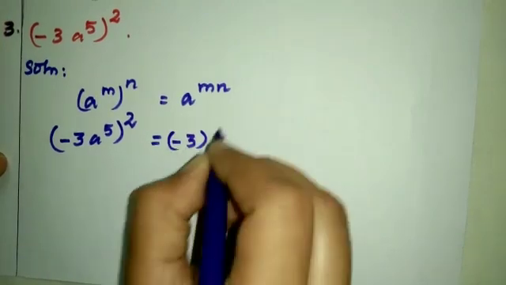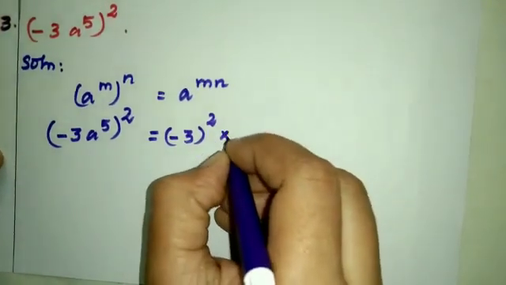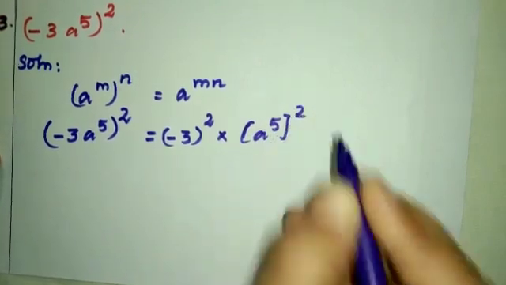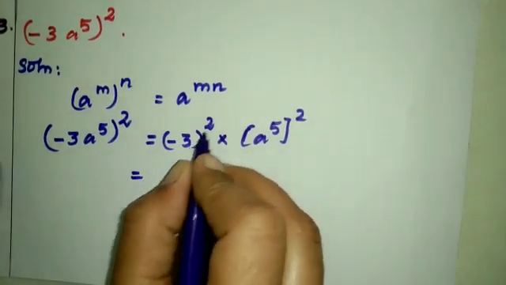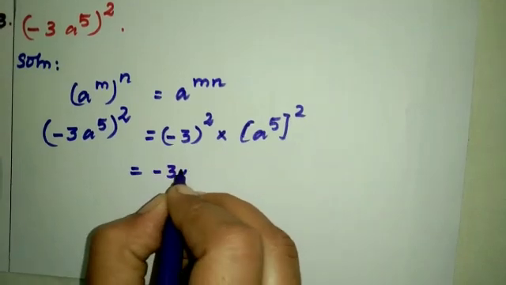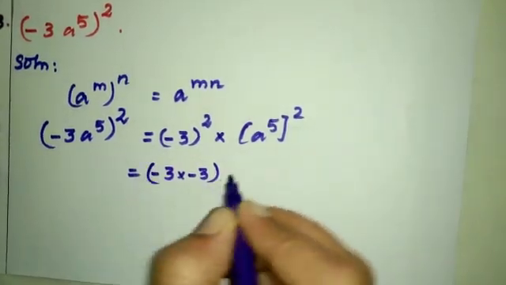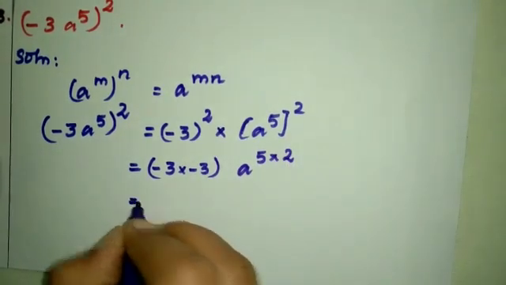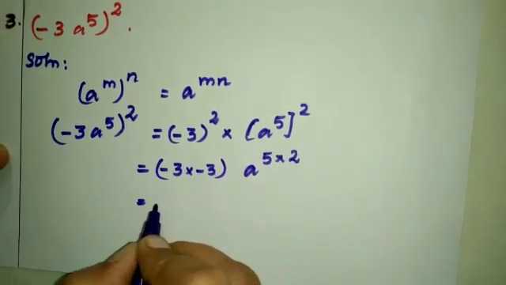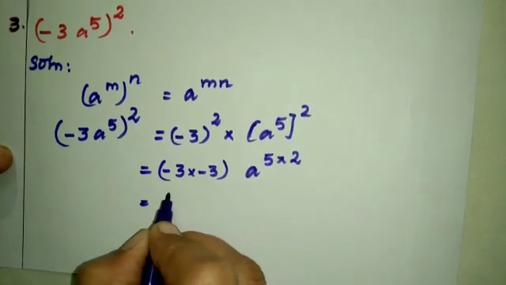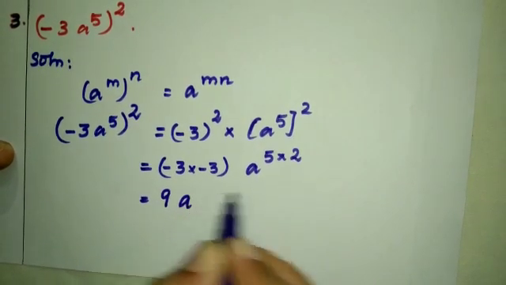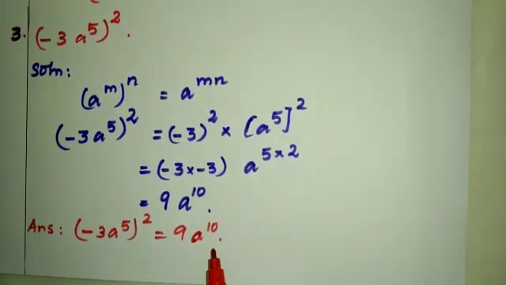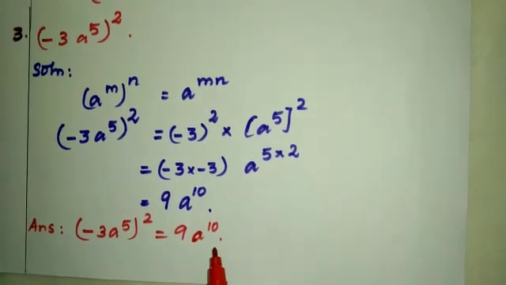Minus 3 the whole power 2 into a power 5 the whole power 2, which is equal to minus 3 the whole square means minus 3 into minus 3. Here a power 5 into 2. First multiply the sign. Minus into minus plus. 3 3s are 9. A power 5 2s are 10. This is the answer. Are you able to follow me, students?